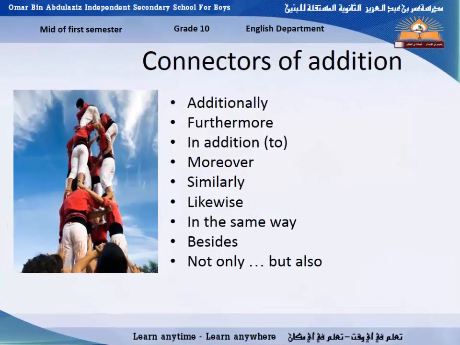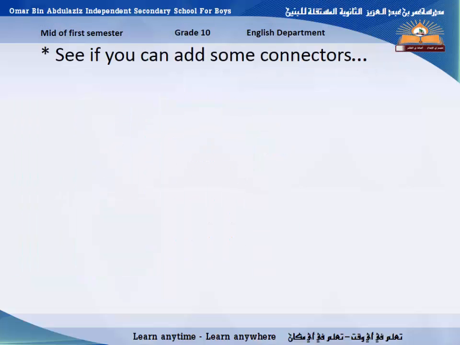Connectors for addition. We use these words to add more information to the previous sentence. We can use the words additionally, furthermore, in addition or in addition to, moreover, similarly, likewise, in the same way, besides, not only, but also.